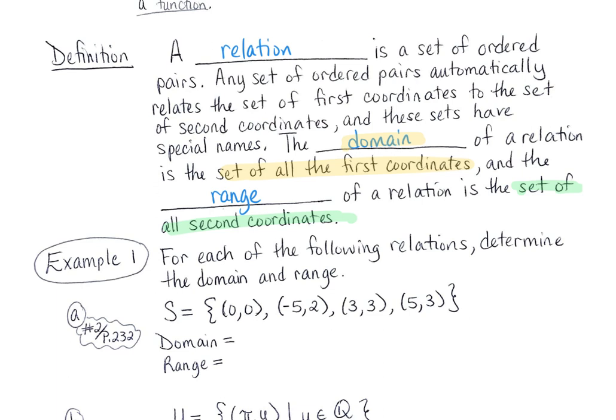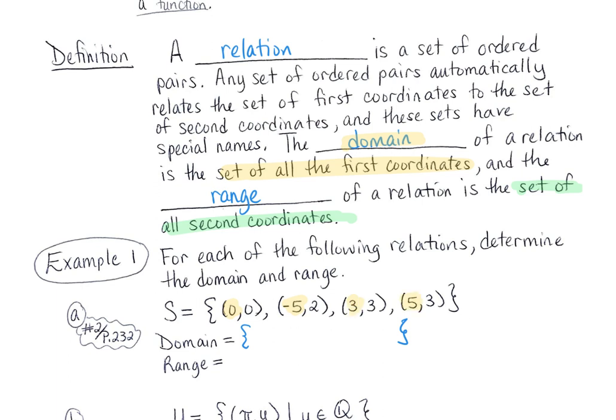The domain is a set, so mathematically we need to write the curly brackets. Then we know it's the set of all first coordinates. Good. So we look at our ordered pairs and choose the x coordinate. Tell me what our domain is.